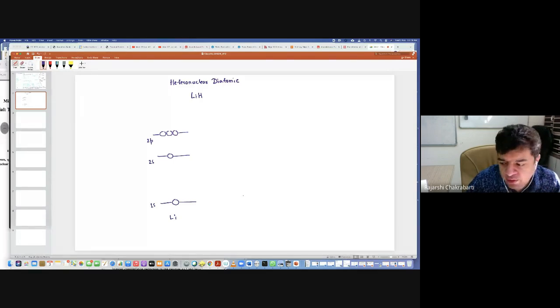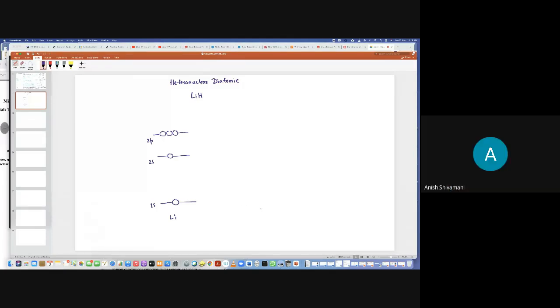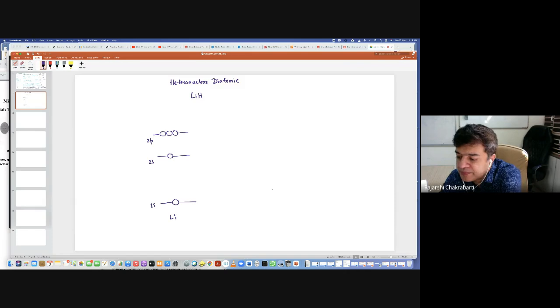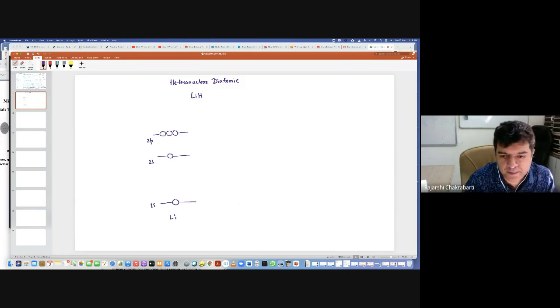What will happen to hydrogen? The 1s of hydrogen is higher in energy. Actually, it's quite a bit higher.